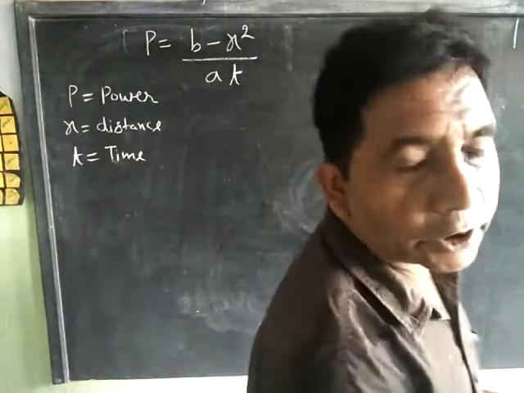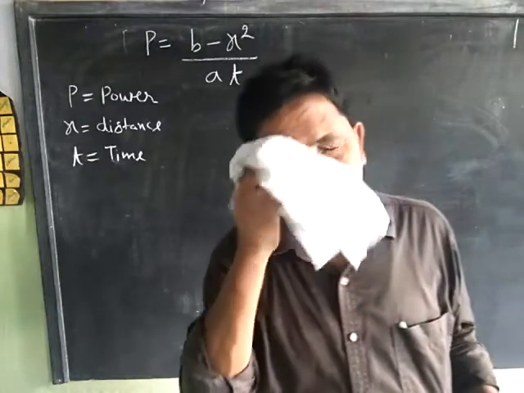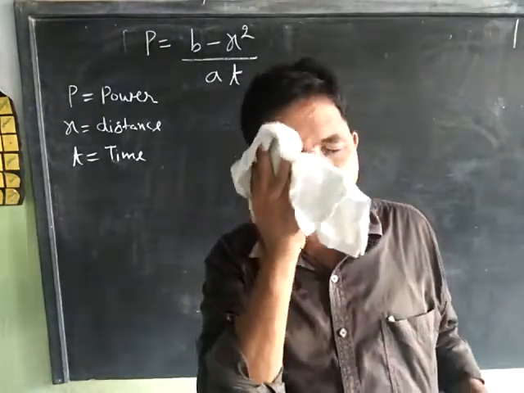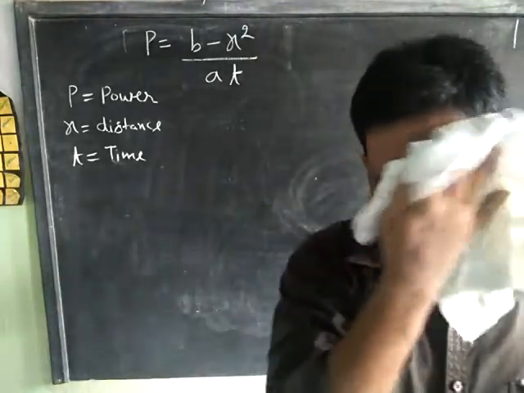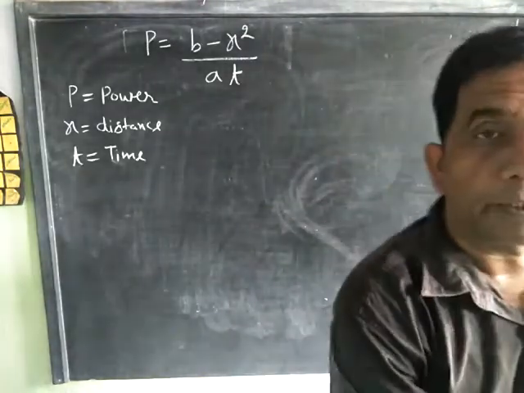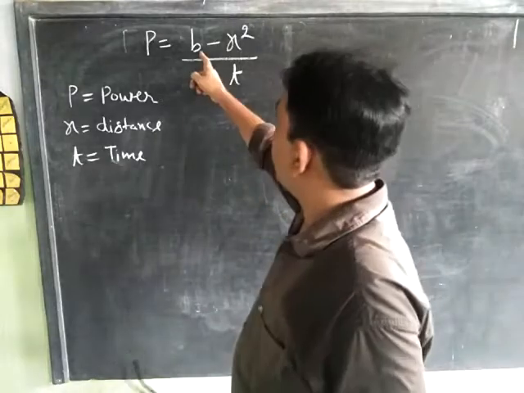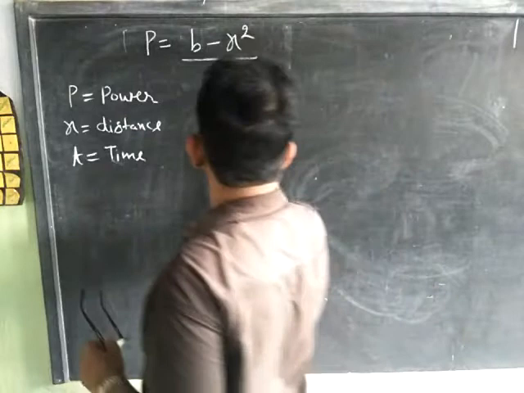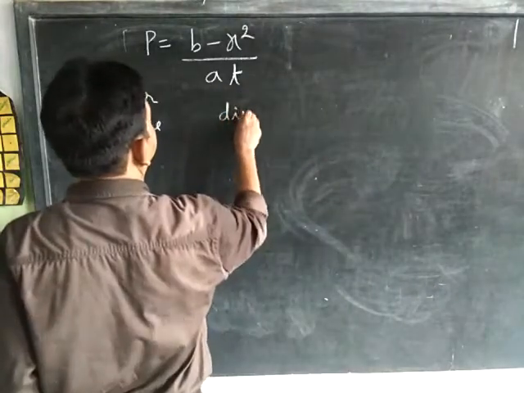We have already studied dimensionally similar quantities can be added or subtracted. Thus we can see dimension of B is equal to dimension of x square.